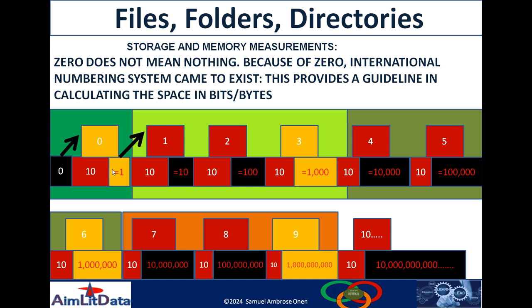So think of bit in terms of the unit of information that the computer can work with, and then think of kilobyte as the smallest memory space that a device can have, 1 KB, for example.